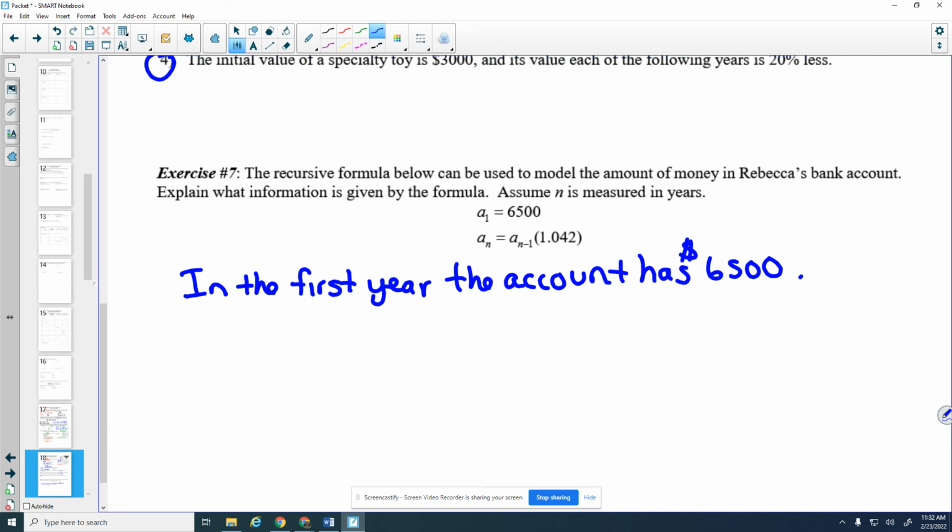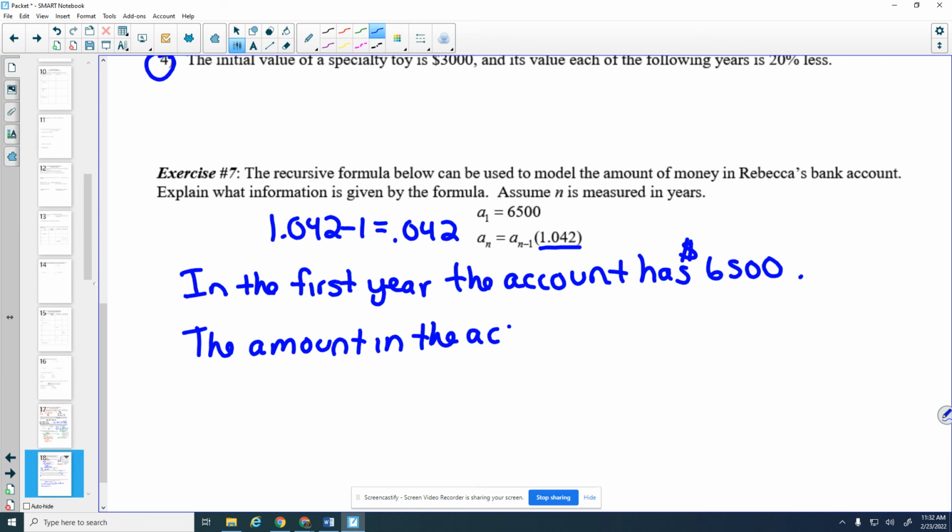And then from this base, if I subtract the 1, the amount in the account increases 4.2% per year. So that's just a little combination with those exponential formulas.